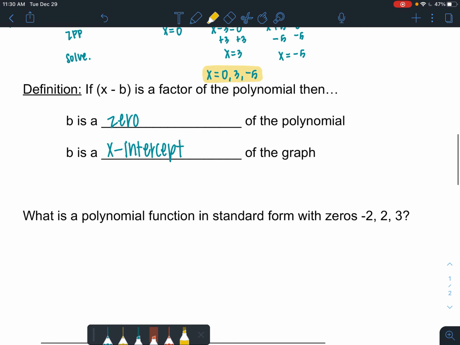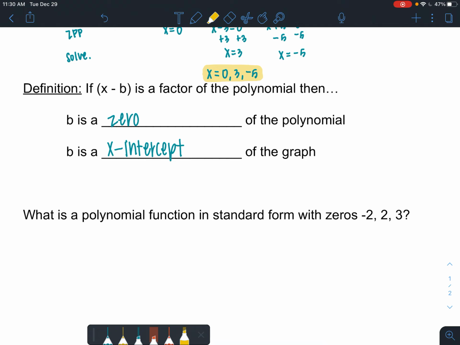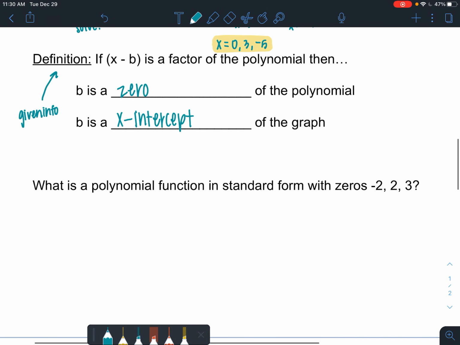All right. So if I have something like x minus b, and b could be any number, and that's a factor of the polynomial, and it tells you it's a factor, so like this would be given information, then b is a 0 of the polynomial, and b is an x-intercept of the graph.